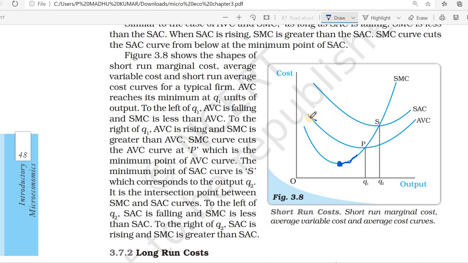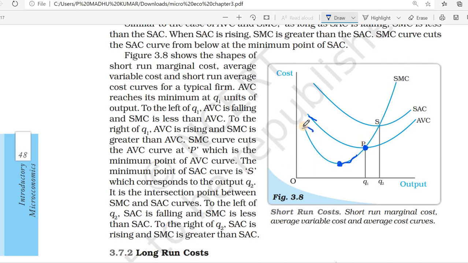First the values will be more, then it will start to decrease, then it will reach a minimum point. The AVC minimum point is this one. At that minimum point, the SMC curve cuts the AVC curve.